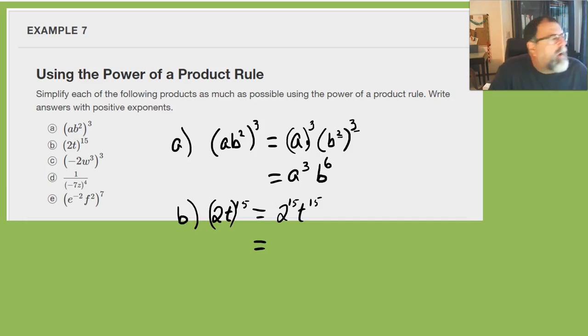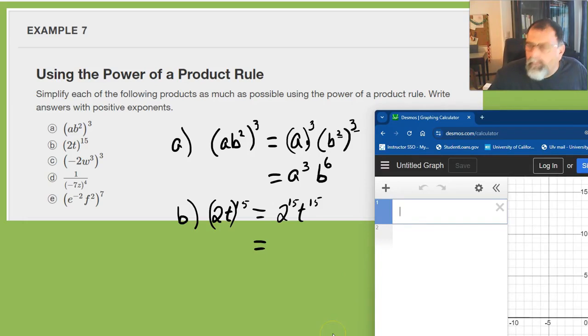Again, if you don't have a calculator, remember I told you about the Desmos one online. You can use that one. Here, let me show it to you again. Okay, so Desmos, just desmos.com, 2 to the 15th.